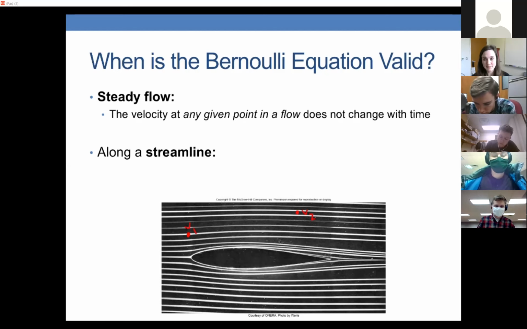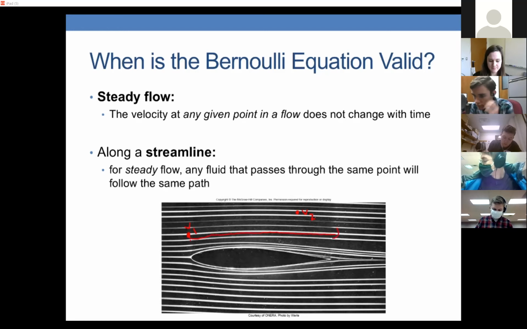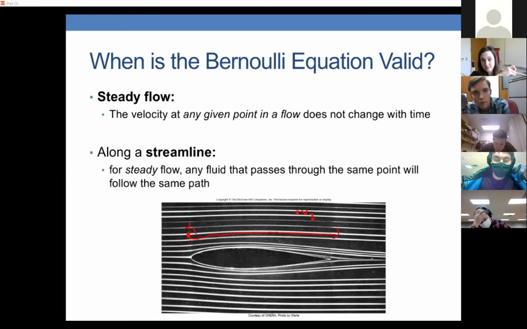Along a streamline. We have not talked about streamlines yet in class. A streamline basically just means that if we took a little chunk of fluid and we followed it through, it would be a streamline. The significance of this is if you had some sort of closed valve or something that would disrupt it, then you can't do this.